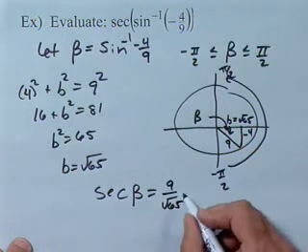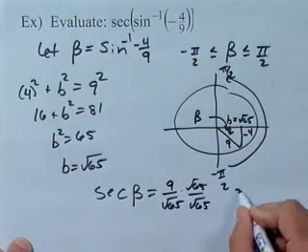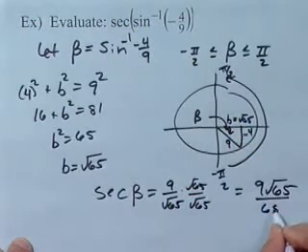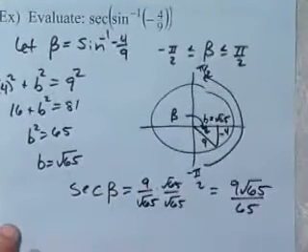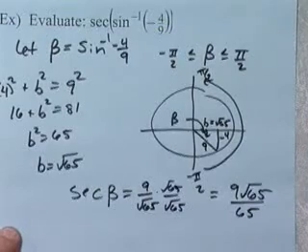And certainly we could rationalize that if we want. So the secant of arcsine of -4/9 is 9 square root of 65 all over 65.